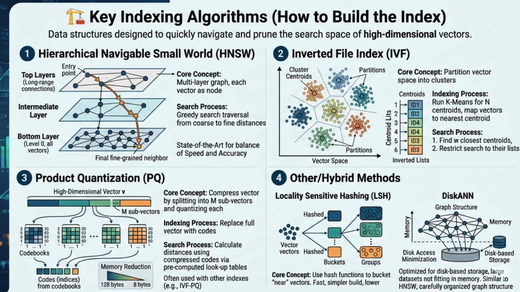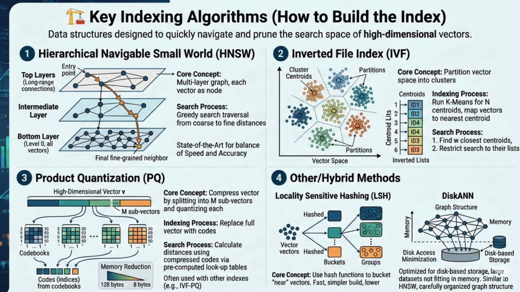For each subvector dimension, a separate clustering or quantization process is performed to create a small codebook. Instead of storing the full high-precision vector, the vector is replaced by a set of codes from the codebooks, one code for each subvector. This significantly reduces memory usage.